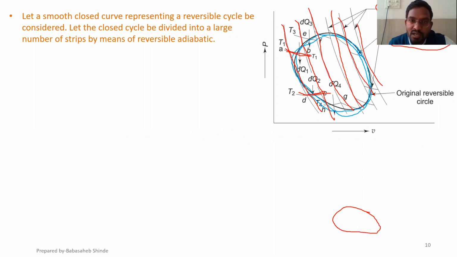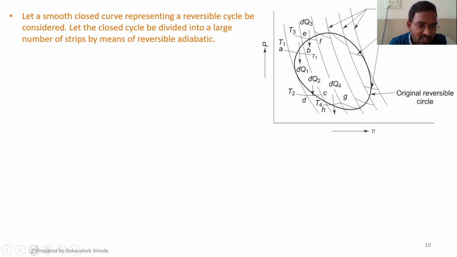Okay, so now out of all these processes, let's consider the first segment. For the first segment, at the top is the reversible isothermal process at temperature T1, and at the bottom the temperature is T2. At temperature T1, heat dQ1 enters the system. At temperature T2, heat dQ2 leaves the system.